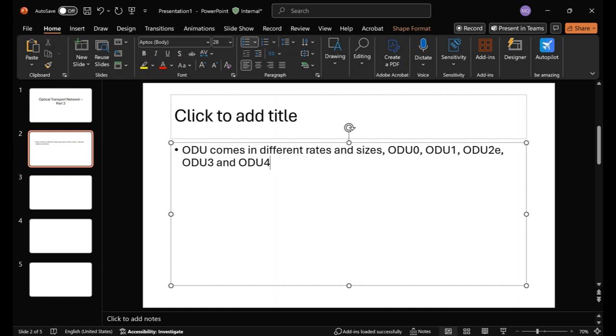Let's quickly recap. ODU0 is 1.25 gigabit per second, and it is used for gigabit Ethernet.